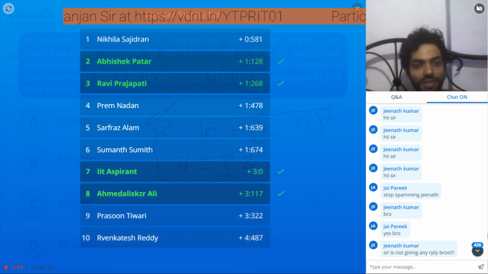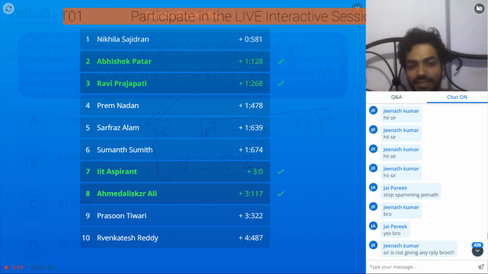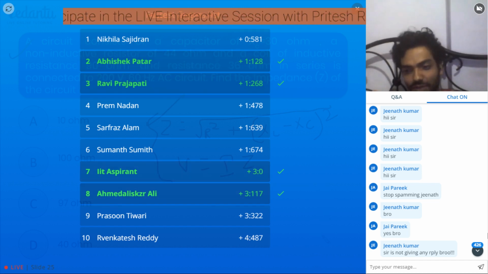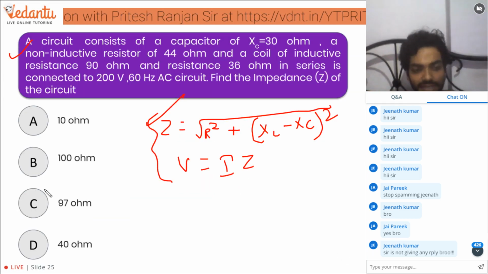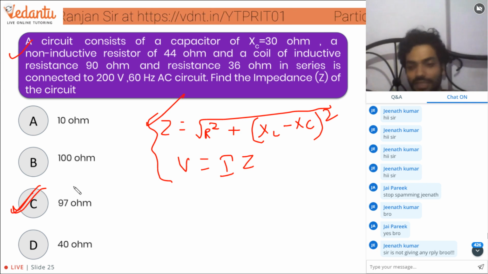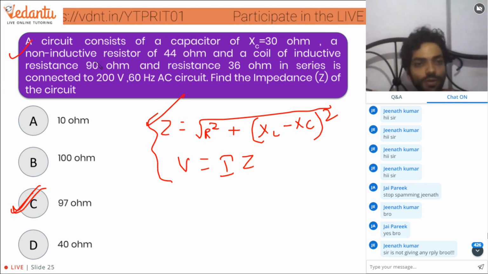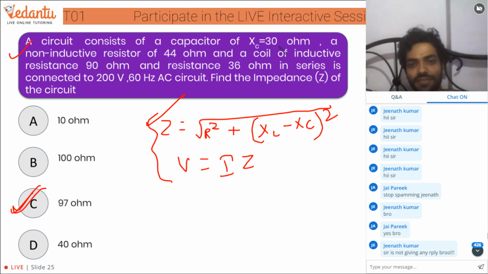So congratulations Abhishek, Ravi, Lighty aspirant, Ahmed Ali, Askar Ali. Your answers were accurate, they were correct, and the correct option is C. Let us try to get how we get the value of C. So here a circuit consisting of capacitive reactance, that is XC, is given. A non-inductive resistor, that means R is given.